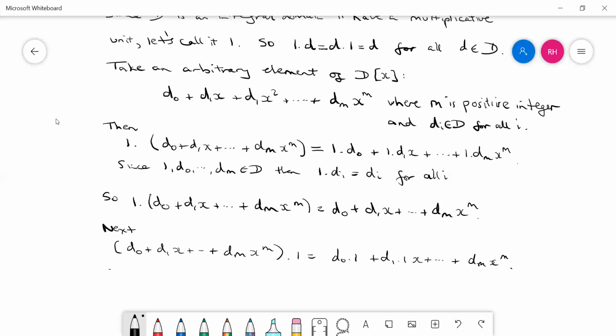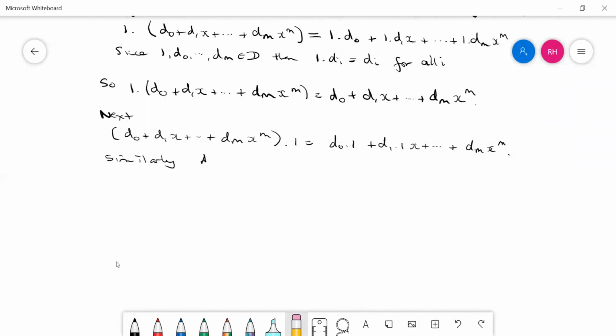And again, similarly, di times 1 equals di, since 1, d0, d1, etc. up to dm are elements of the integral domain.